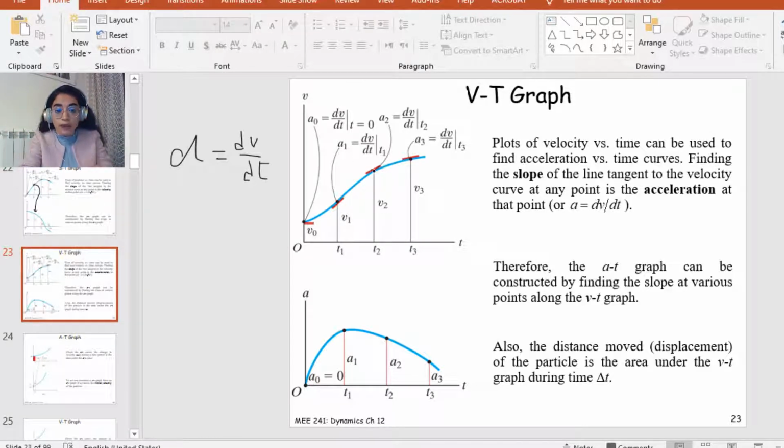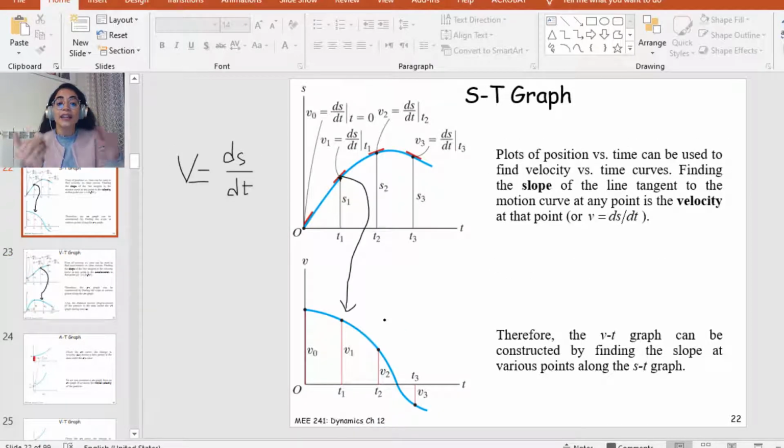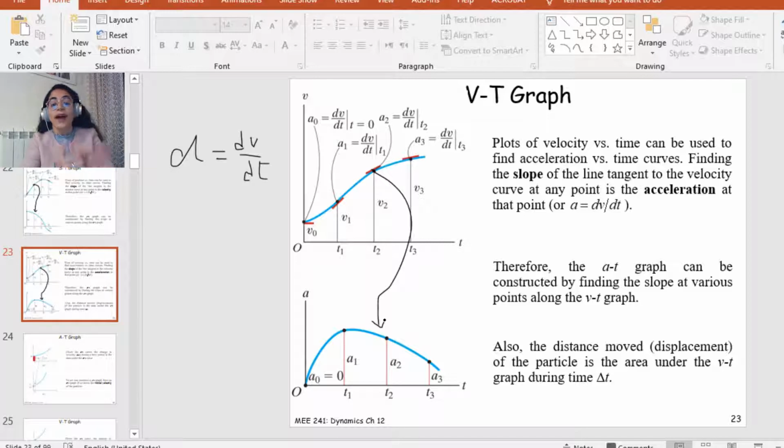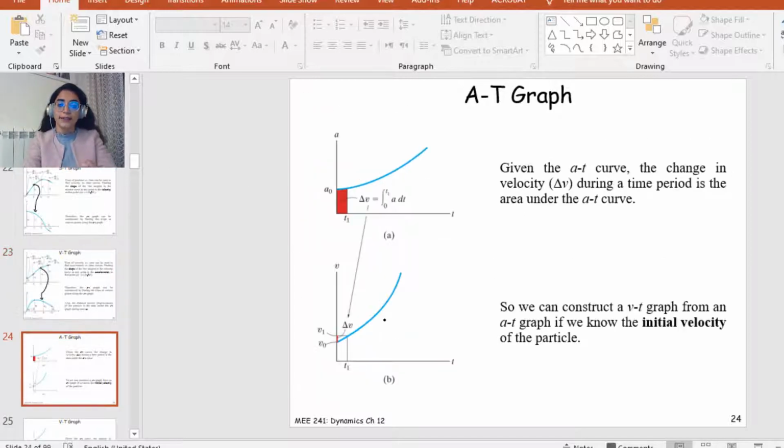For example, here, if I can find the slope graphically, of course, I can find a2, right? So from s versus t, I can find the curve of velocity versus t and the curve of acceleration versus t.